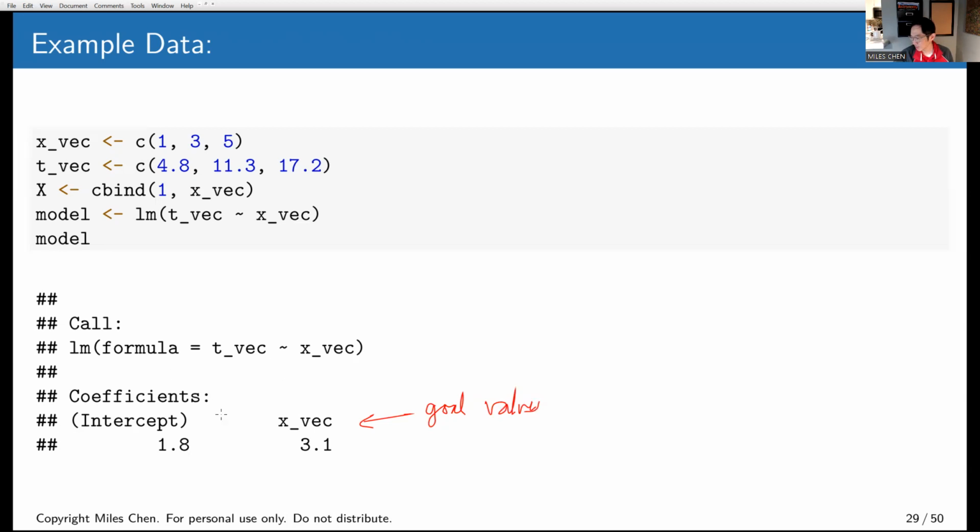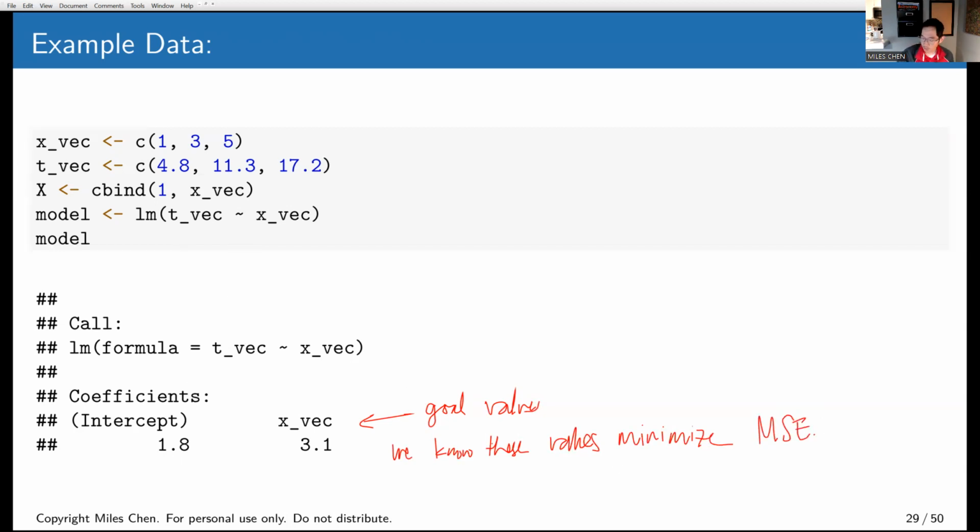We know these are the values that minimize the mean squared error. This is the intercept, this is the slope, which we found by using OLS. Okay, so these are the goal values. We know these values minimize the mean squared error.